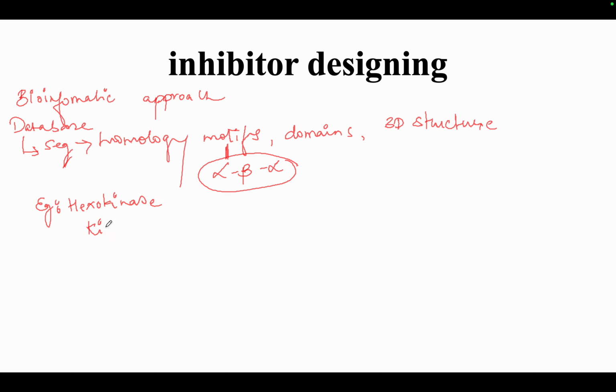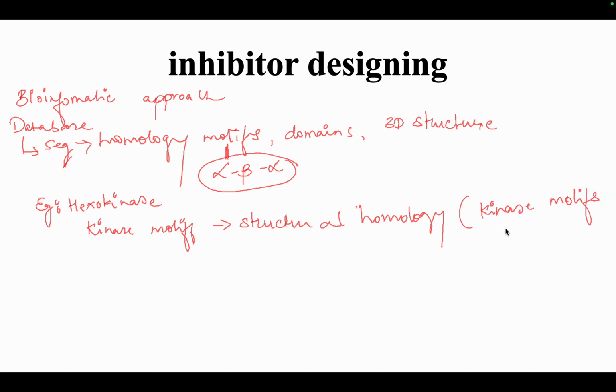So this kinase motif will have some structural homology, and this structural homology is exploited, so it will have some similarities with the other kinase motifs which are already present in the databases. These are kinase motifs present in the databases, so we just have to match from those databases.